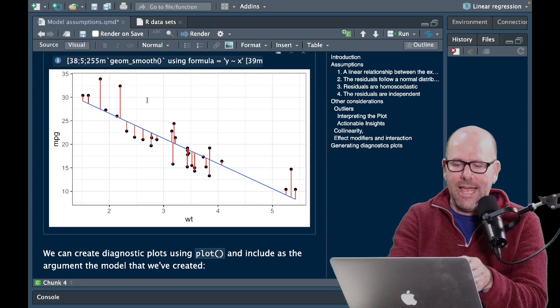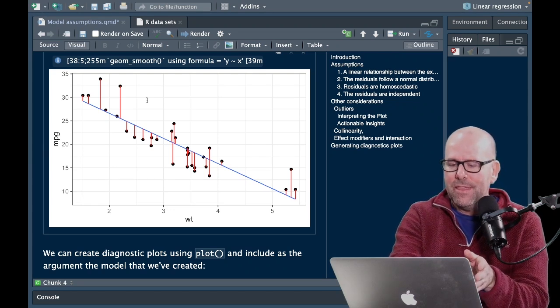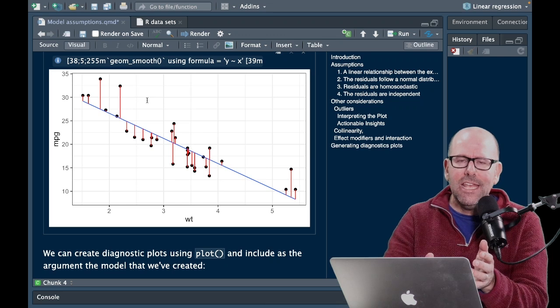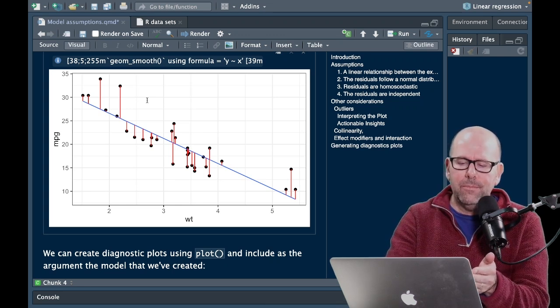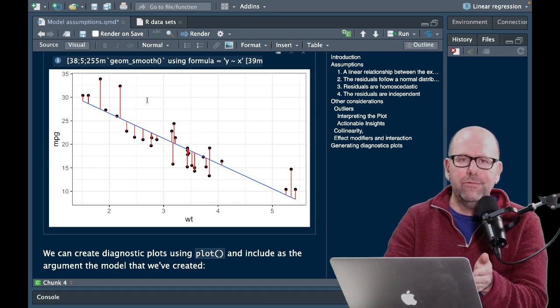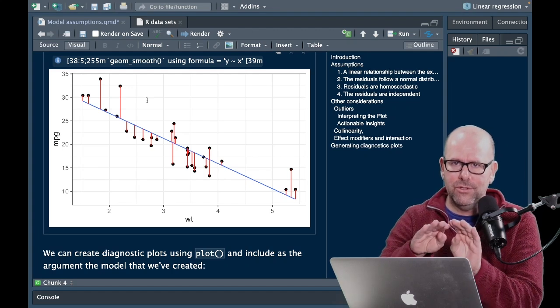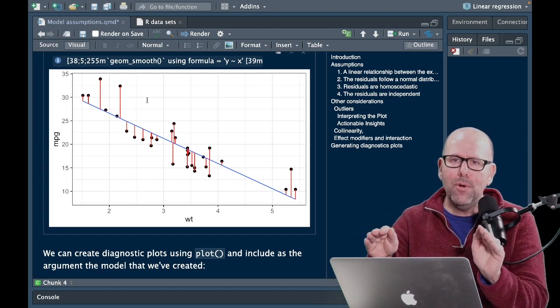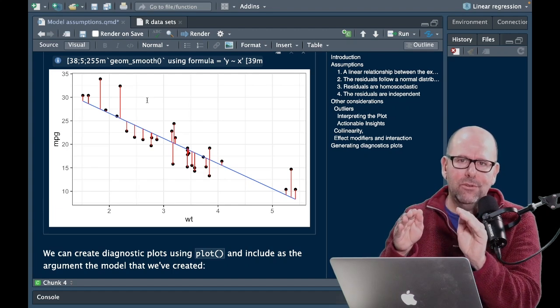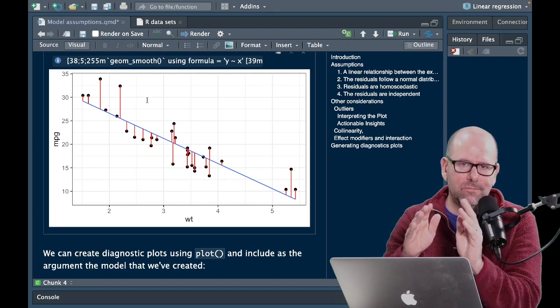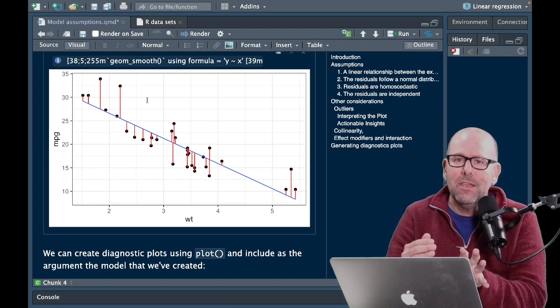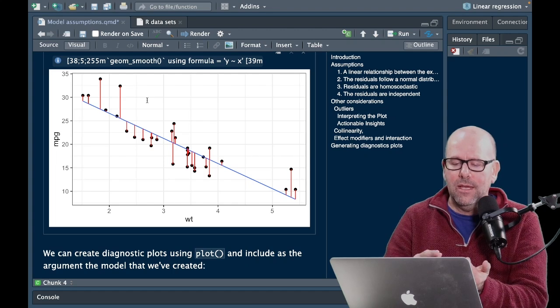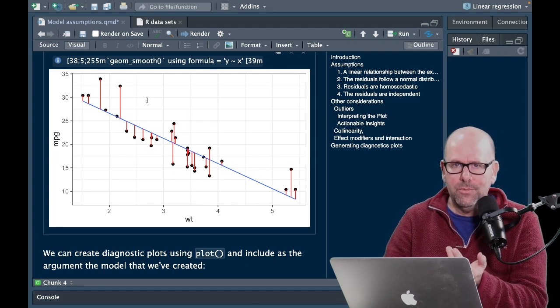In other words, if you look at these residuals here, the red lines, if it was normally distributed, you'd expect a few of them to have very small residuals, so short little red lines, a few of them to have very large residuals, so those are the two tail ends, and most of them to have medium-sized residuals. And so you would get a bell curve, or a normal distribution. That is a healthy thing, but we need to check that. So it's a linear model that the residuals are normally distributed.